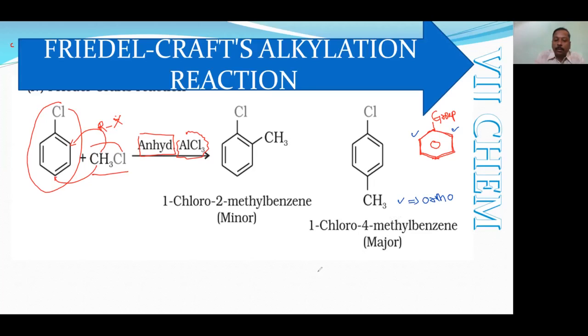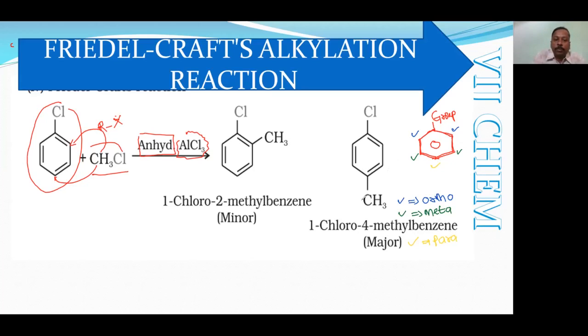Now if I tick this one and this one, this green tick shows the meta position. And there is only one left over. Let me mark it with yellow. Is it visible? Yes. This yellow represents para.